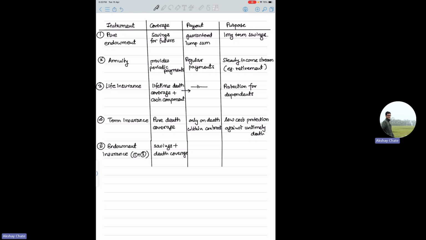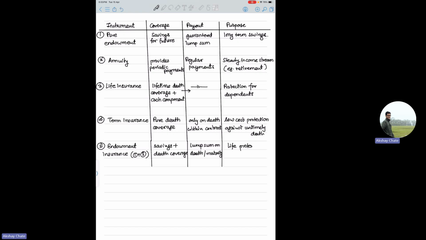Okay, so in case of the payout also, it's like insurance, so you can have a lump sum payout on death or maturity. Any which of these two comes first is your main payout.